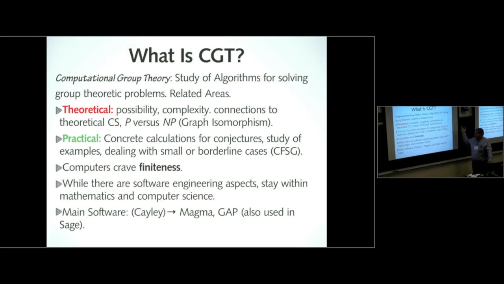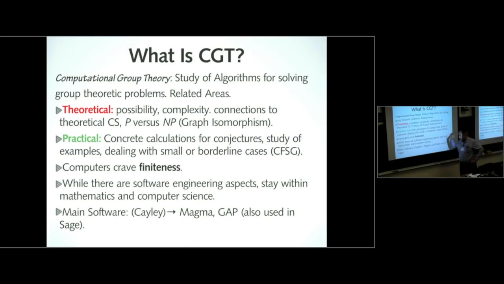So there was a very practical need to have computer tools to do calculations with these groups. In general, I will mostly talk about finite groups. There are algorithms for infinite groups, but in these cases, basically one always needs to restrict to some finite cases because that's what computers can do.